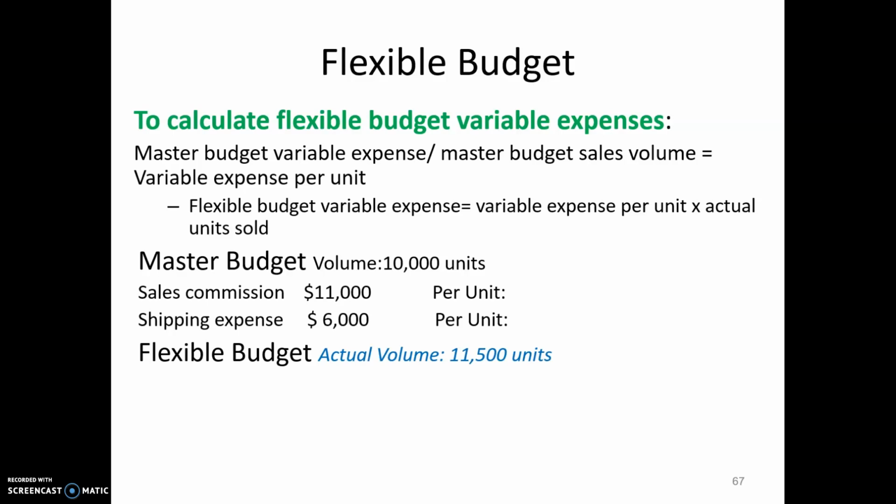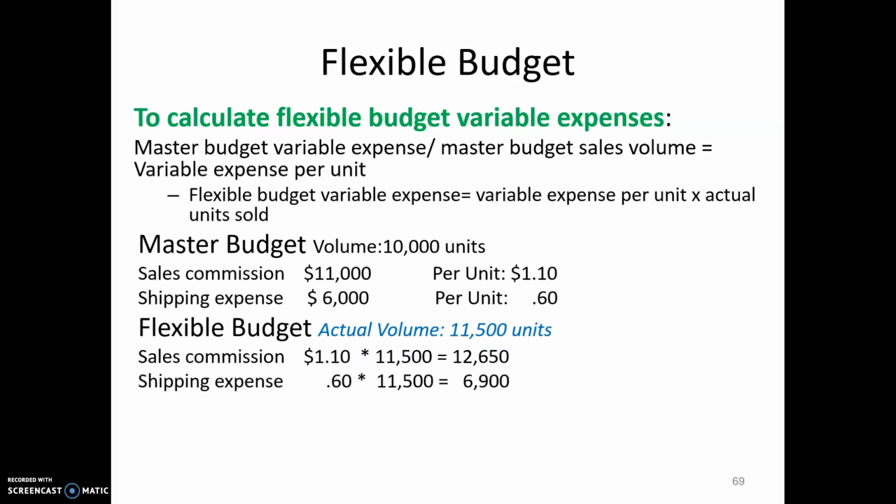We'll take the sales commission of 11,000 and divide it by 10,000, and the shipping expense of 6,000 and divide that by 10,000. So we can see per unit, $1.10 for sales commission and 60 cents per unit for shipping expense.